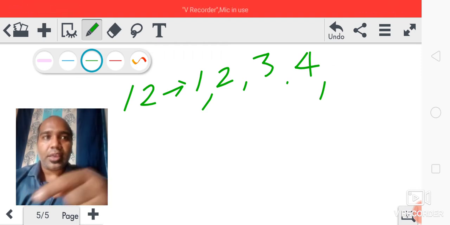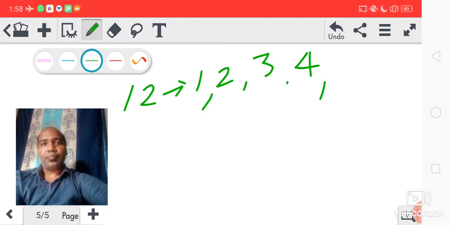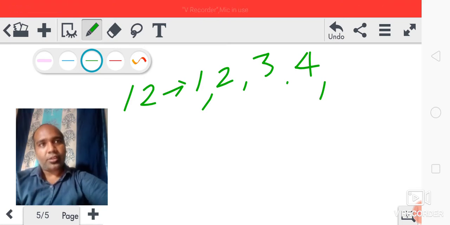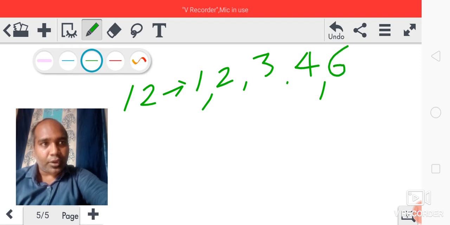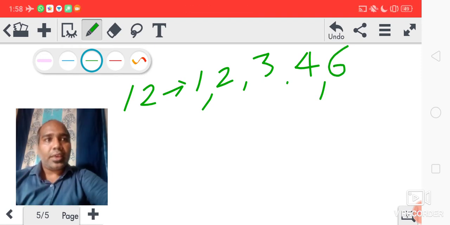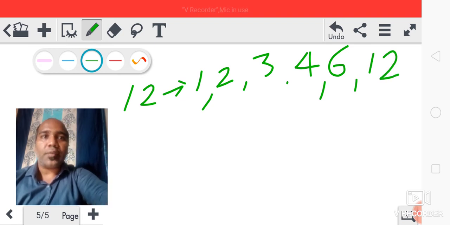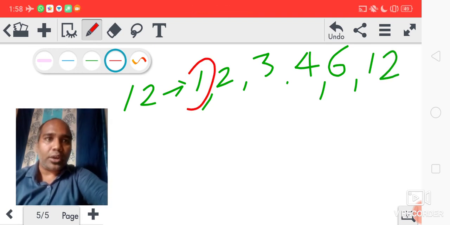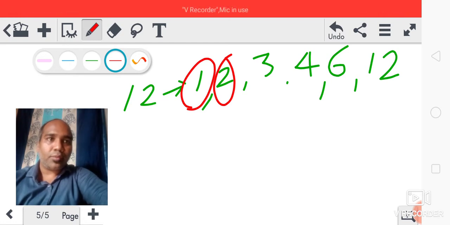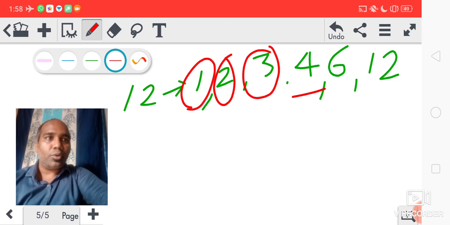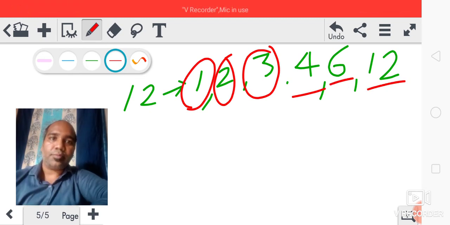Then in the table of 6, 6 2s are 12, so 6 is also a factor of 12. Then in the table of 12, the number itself is a factor. So the factors of 12 are 1, 2, 3, 4, 6 and 12.